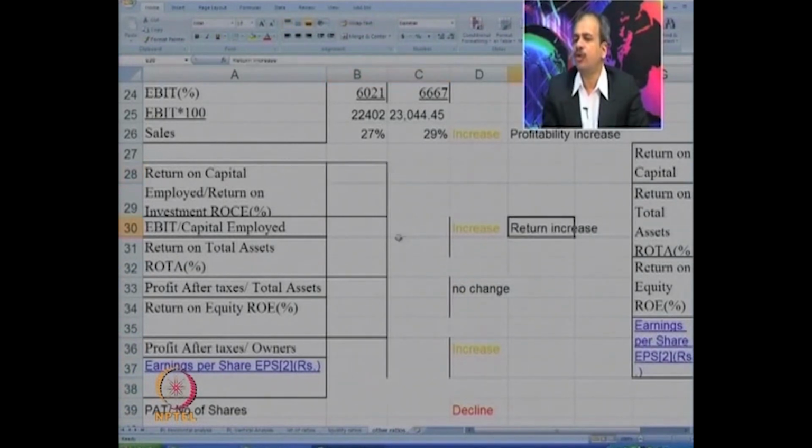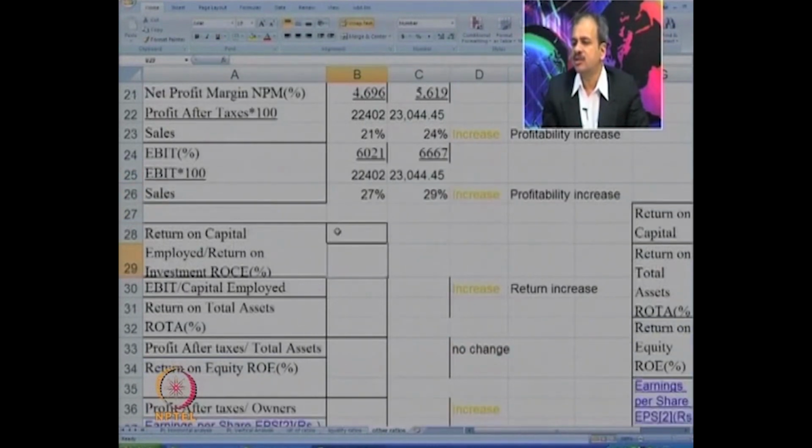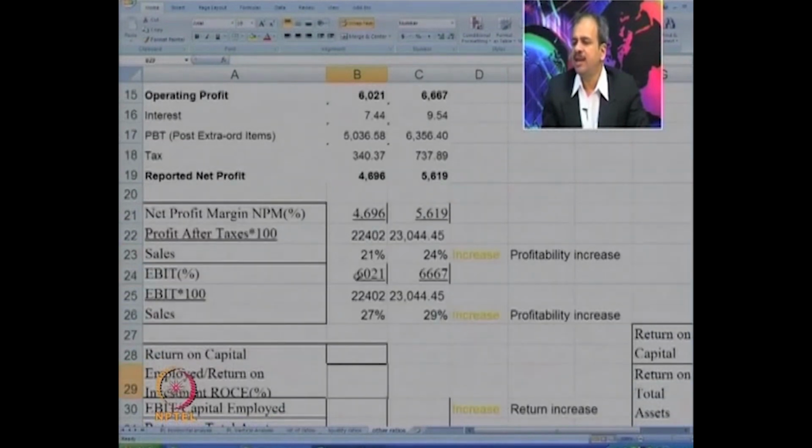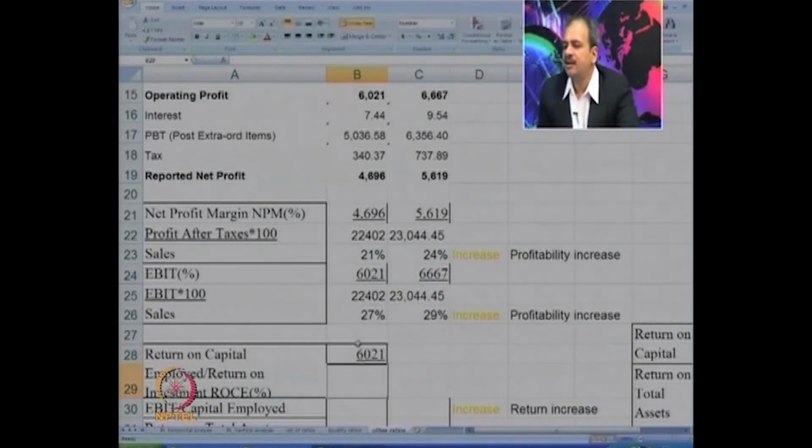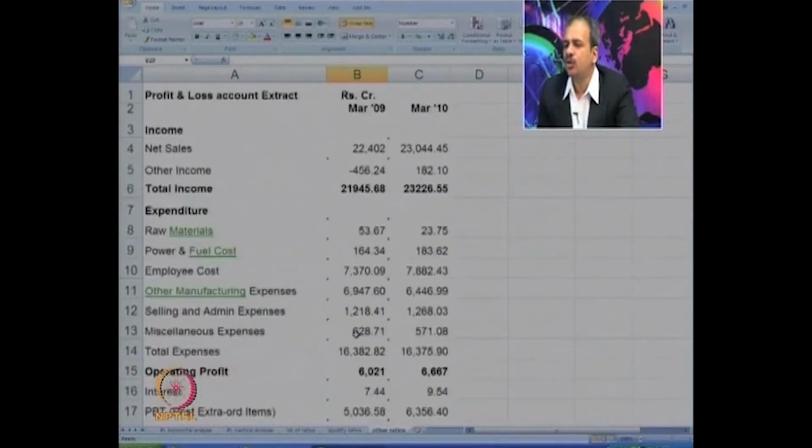So, now you know the formula. ROCE is nothing but EBIT divided by capital employed. So, look at the EBIT figure. EBIT we have just now calculated, we have taken 6021, and for capital employed we need to go to the balance sheet.